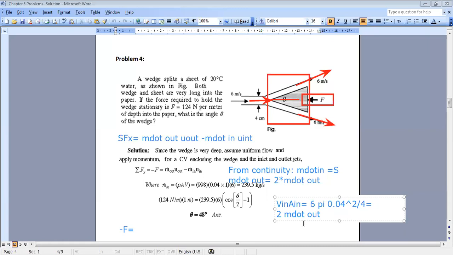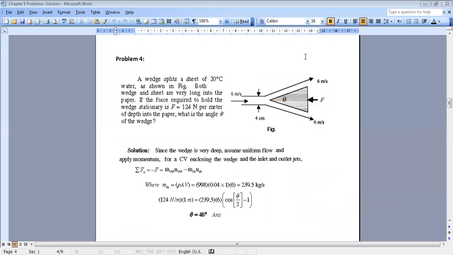Now, going back to the force balance relation, we have minus F equals to. Now, as you can see in your figure, the two outlet flows, since they are symmetrical, are doing the same angle with the horizontal. So this angle is theta over 2, and this one is also theta over 2.